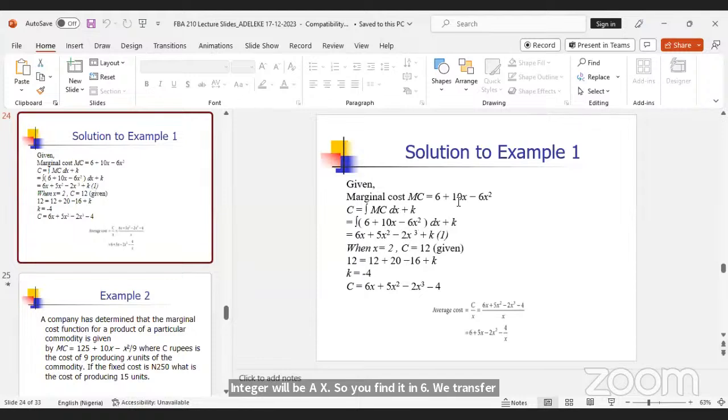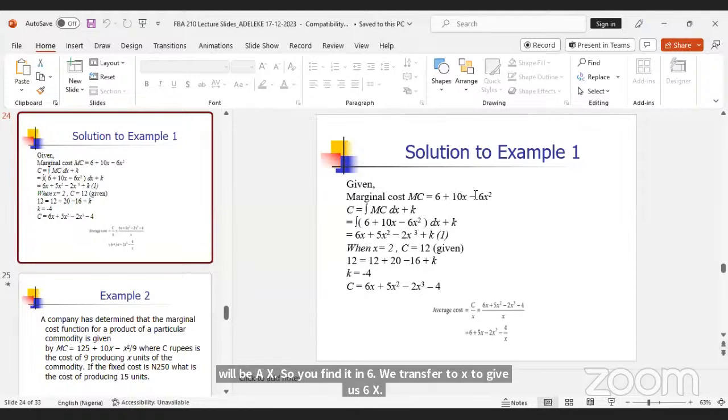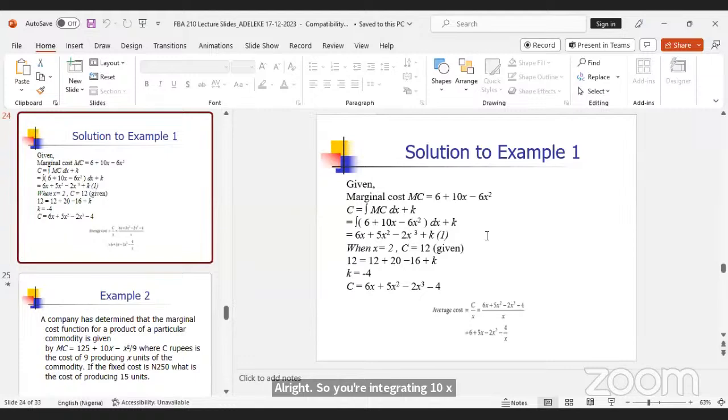If you're integrating 10x, if you check the properties of integration, the very first one that I've shown, if you're integrating ax, you just take the a off, integrate the x, and whatever you get, multiply your a with it.